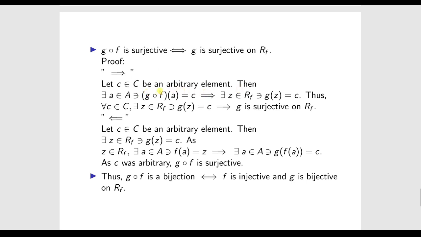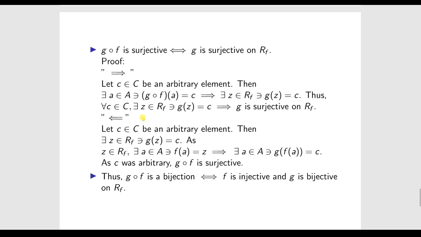Then there exists a belonging to A such that g(f(a)) is equal to c, because g∘f is surjective, which implies there exists z belonging to range of f such that g(z) is equal to c. Thus for all c belonging to C, there exists z belonging to range of f such that g(z) equal to c, which implies g is surjective on the range of f. Hence this deduction is done.